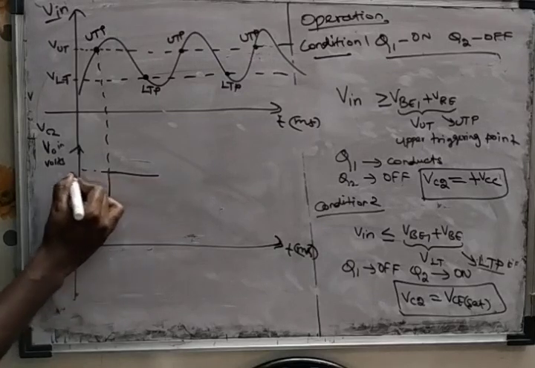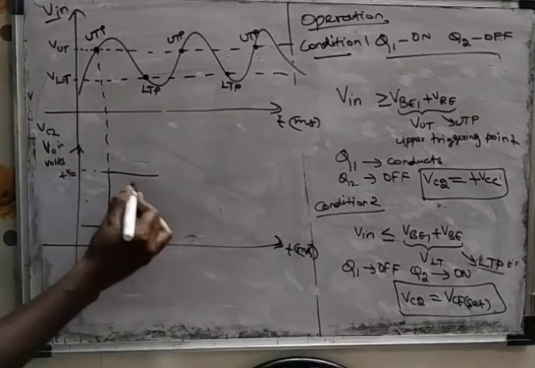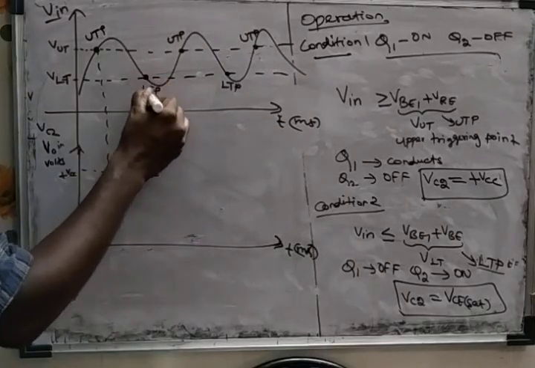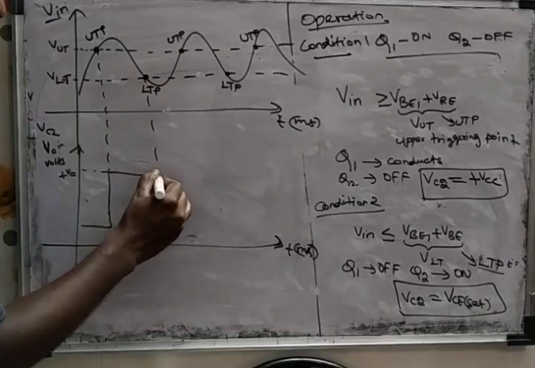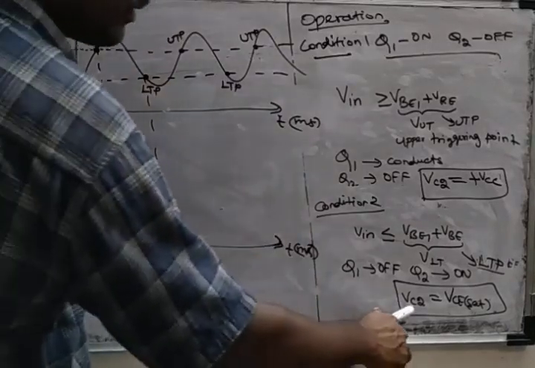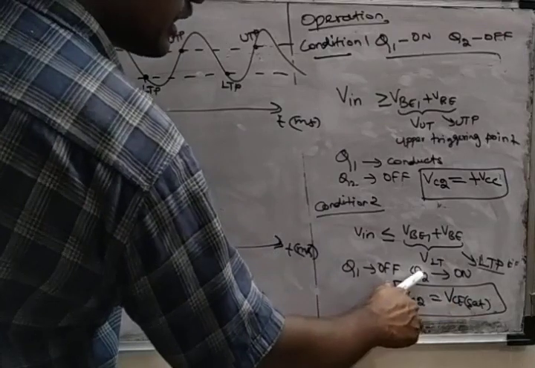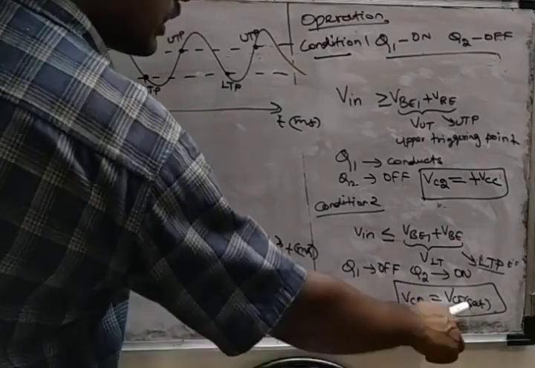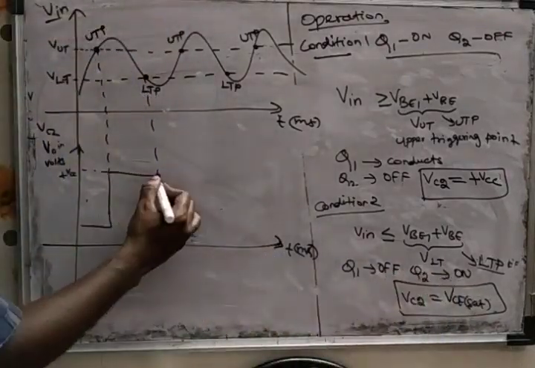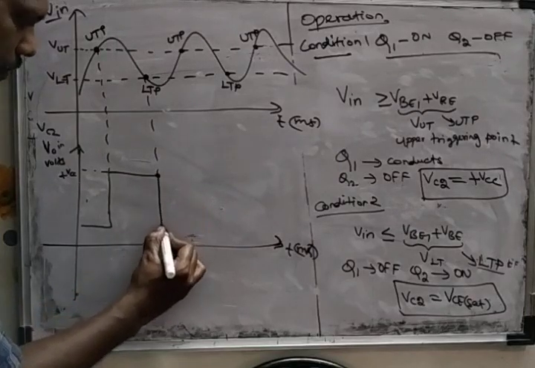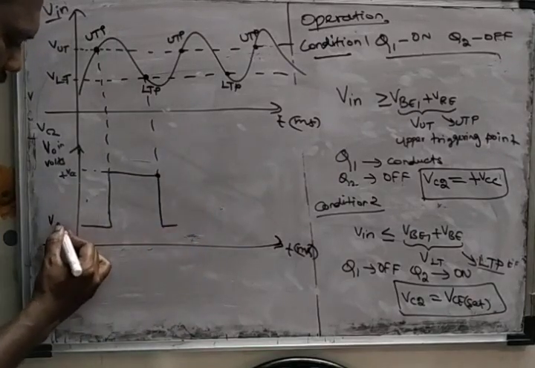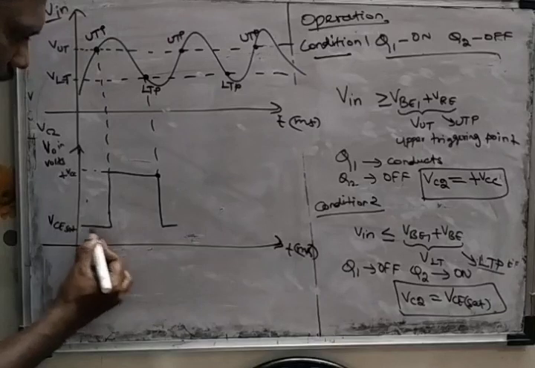When it reaches the lower triggering point, Q2 is on, and Q2 on means VC2 is VC saturation.